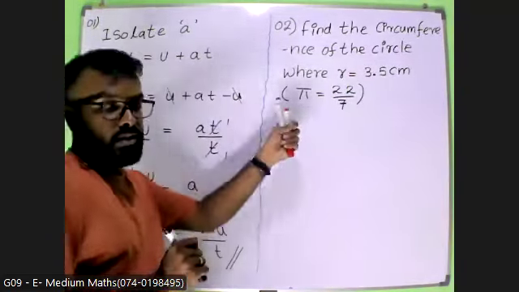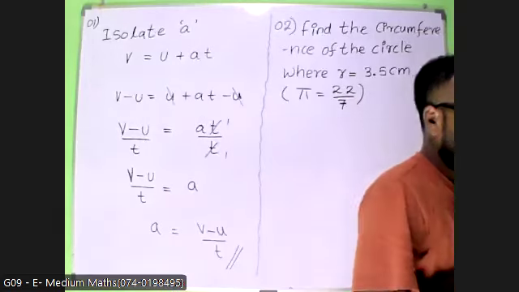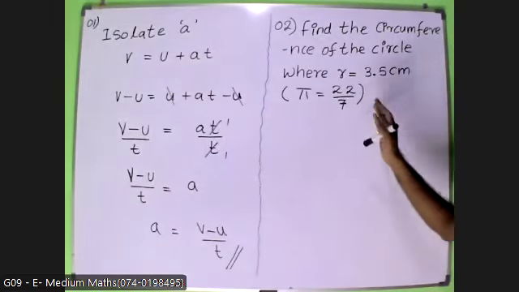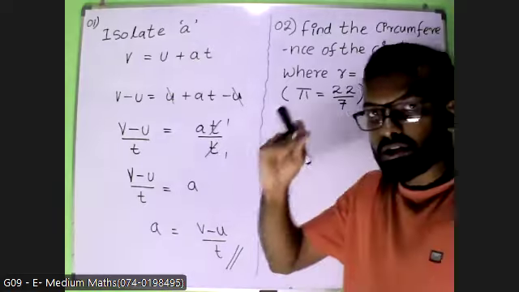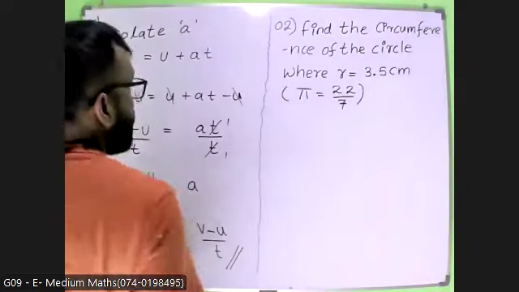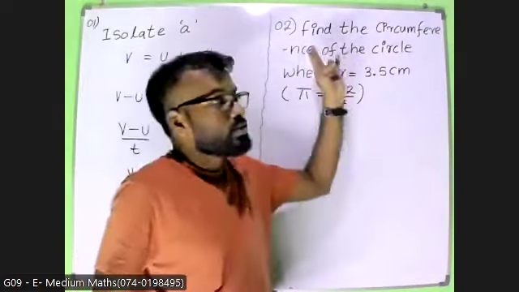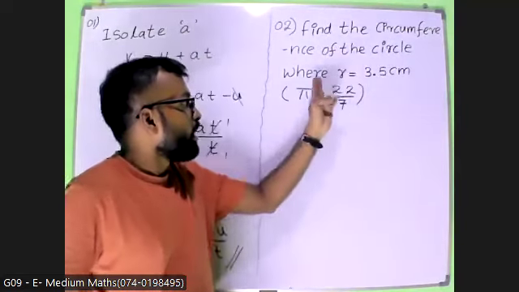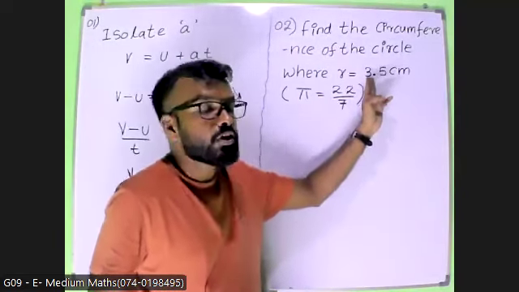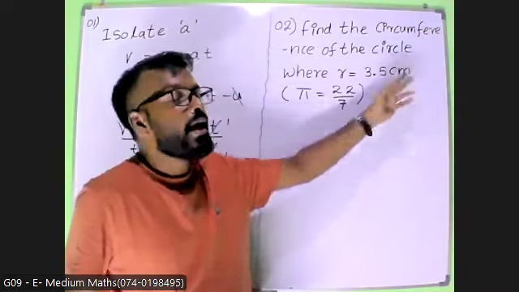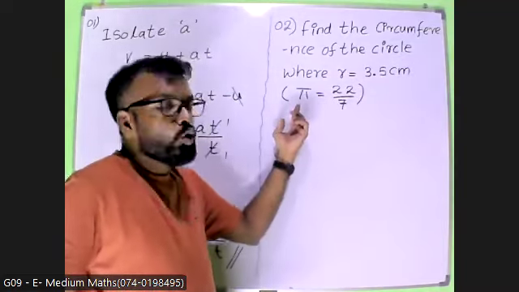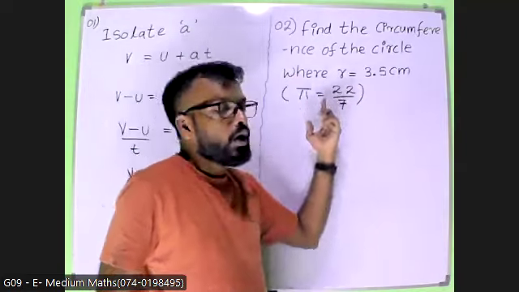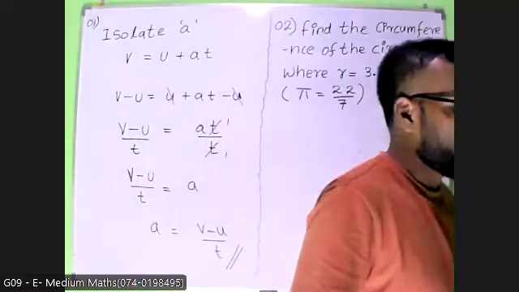We haven't done this lesson, but most of your schools have covered it. What I want to do is just give you a reminder, right? Find the circumference of the circle where radius r equals 3.5 centimeters, and use π equals 22 upon 7.